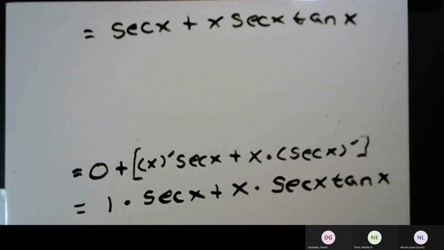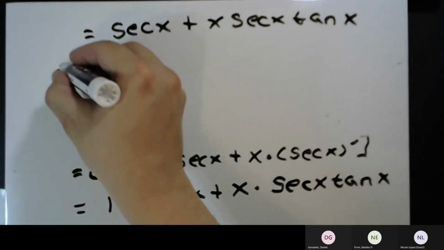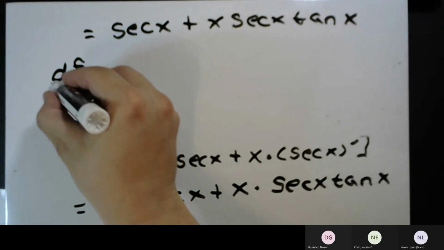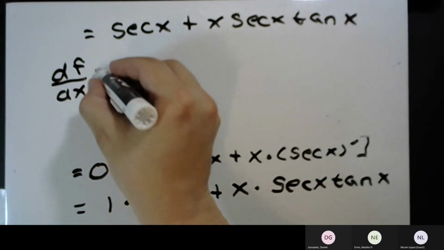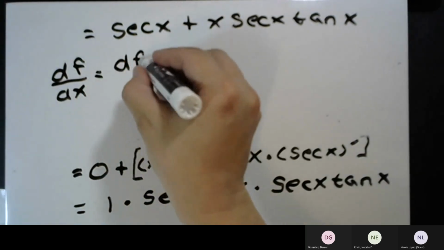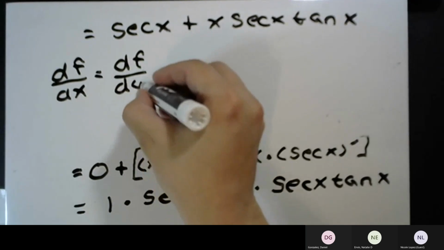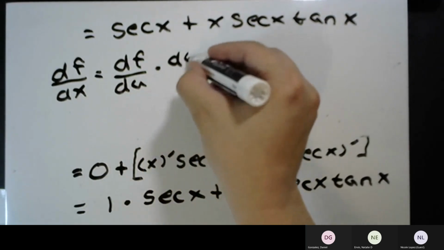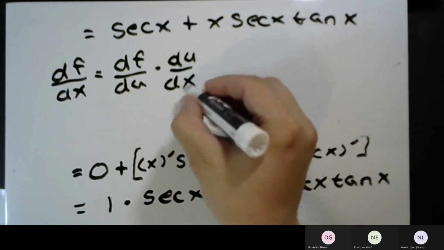So now we got to put all this together. So df dx was df du times du dx.